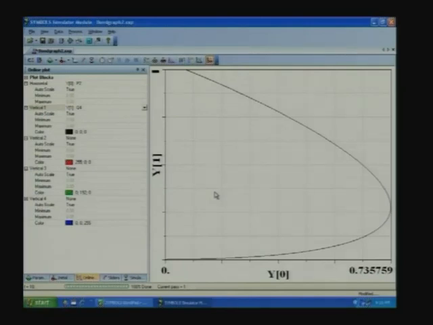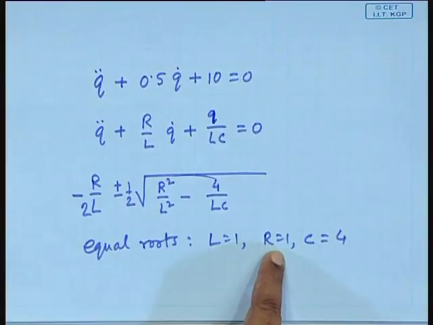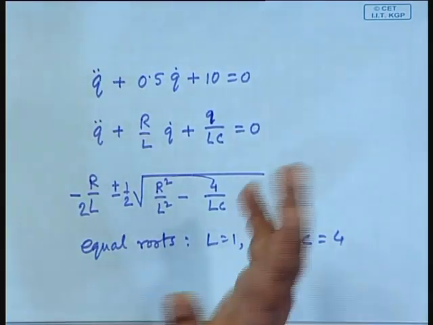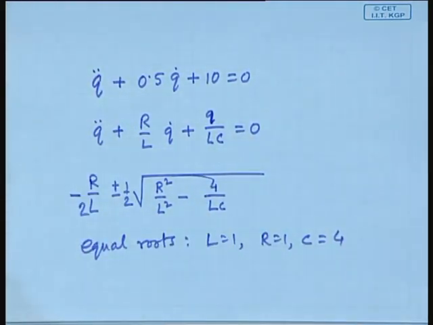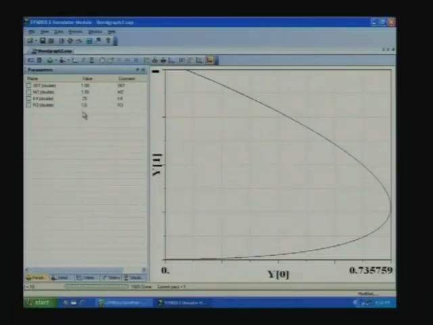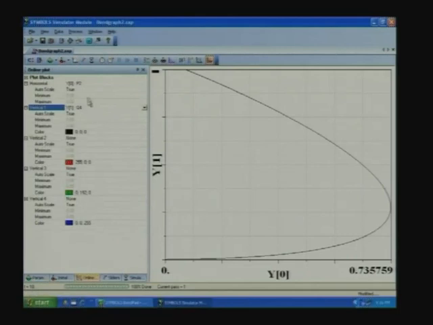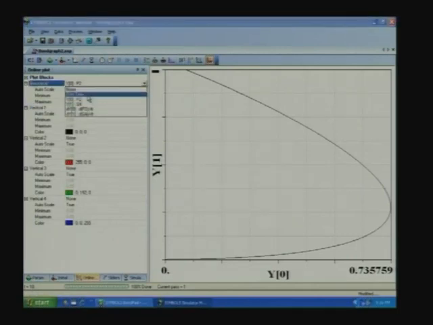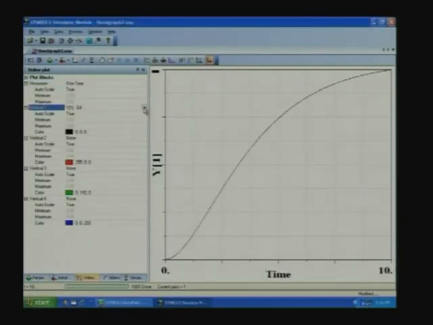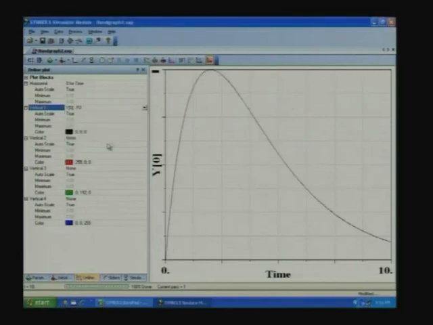And you said that if you raise R beyond that, then there will be two distinct roots. Fine, let us set that. Happy. Let us check. Now, I want to set these things properly. I want it to be time. Okay.